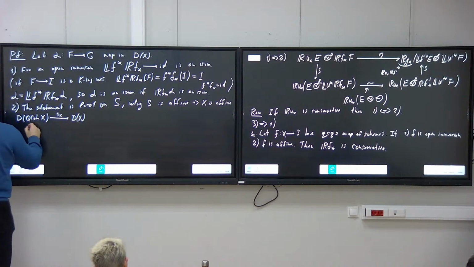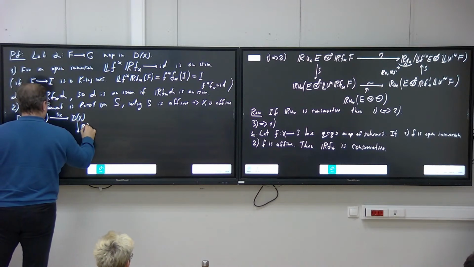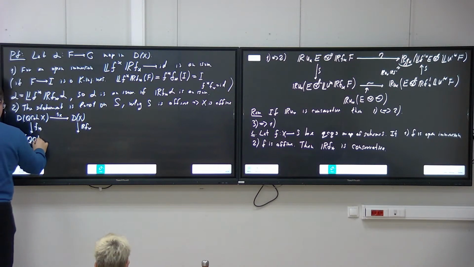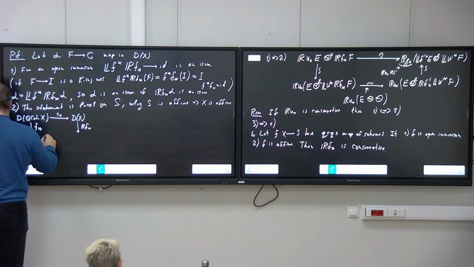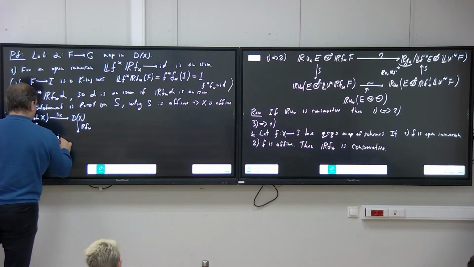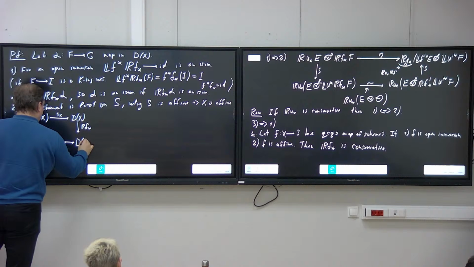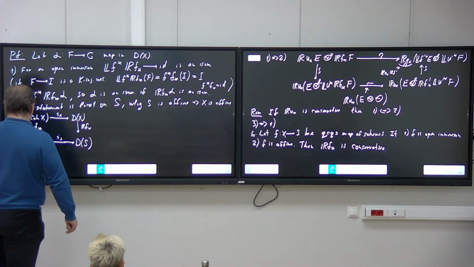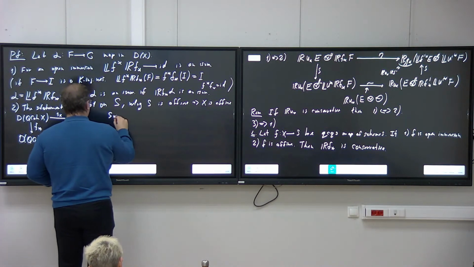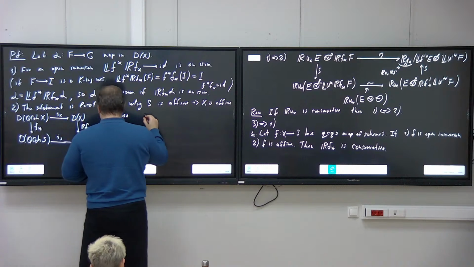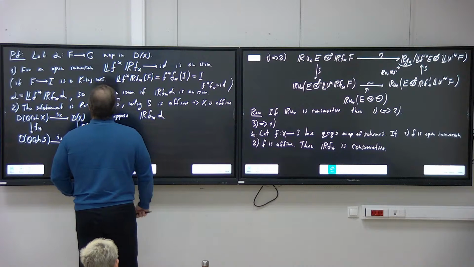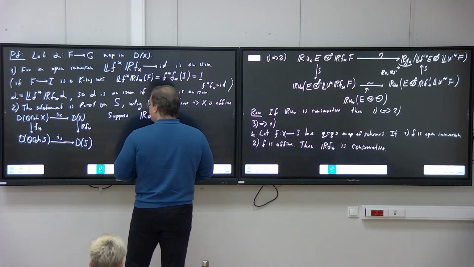Now two versions of push forward. So suppose that Rf lower star alpha, where alpha is as before, is an isomorphism.